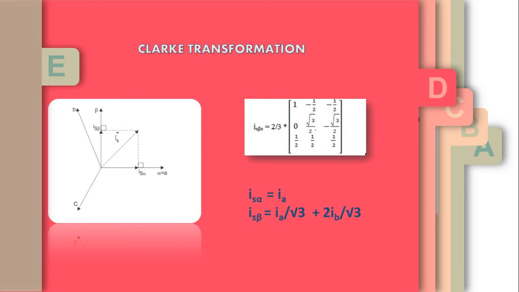Assuming the axis A and axis alpha are in the same direction and beta is orthogonal to them, the vector diagram is on the left side of the slide. This projection modifies the three-phase system into an alpha beta two-dimensional orthogonal system. That is two equations: Is alpha equals Ia, and Is beta equals Ia/root 3 plus 2 times Ib/root 3. But the two-phase alpha beta currents depend on time and speed.